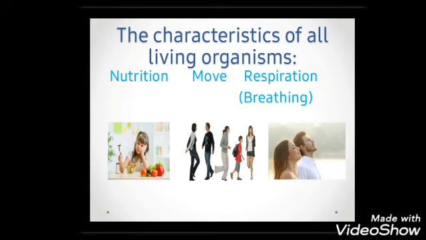Before everything, you have to know that we have a difference between living organisms and non-living things. Any living organism, like human, animal, plants, has characteristics to help them stay alive, and these characteristics can differentiate between living organisms and non-living things.